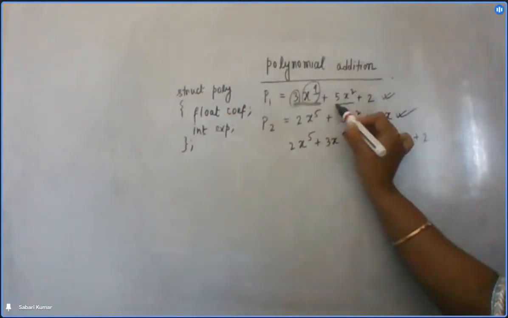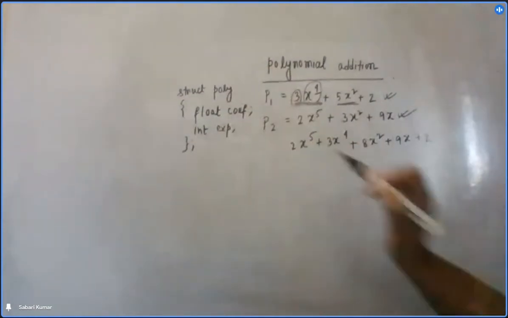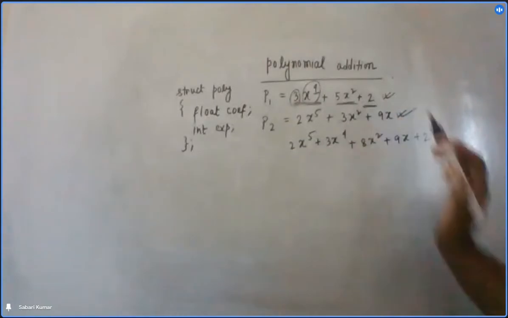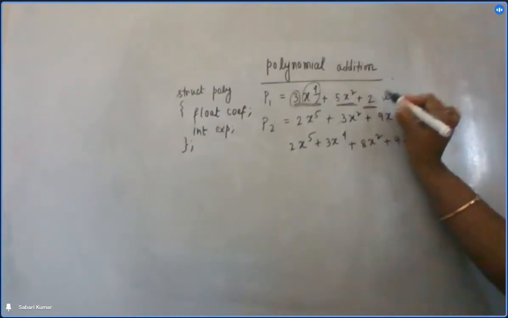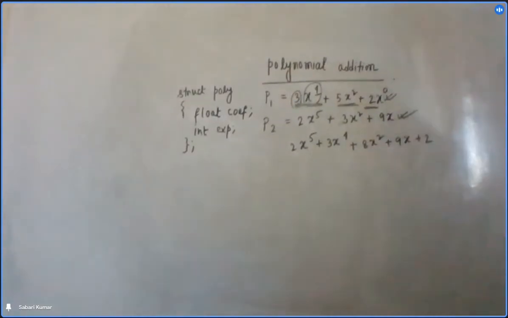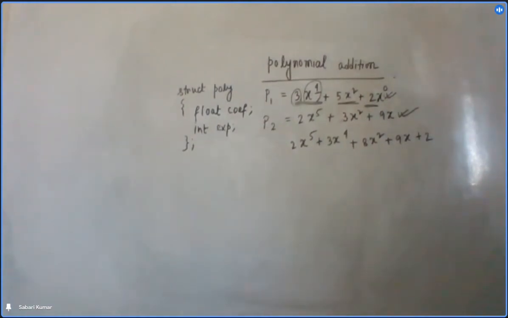When this term will be associated, you need this structure. When this term will be associated, 2 means it can be written as 2x to the power 0. So 2x to the power 0 means x to the power 0 means 1. So we can represent that value.